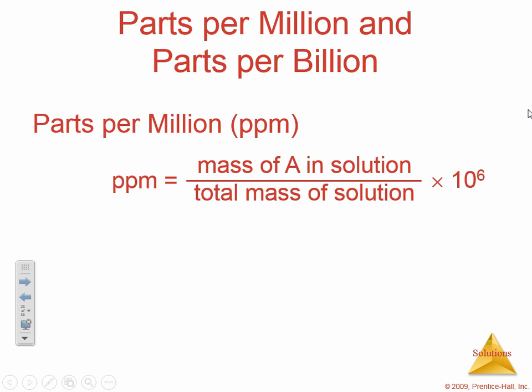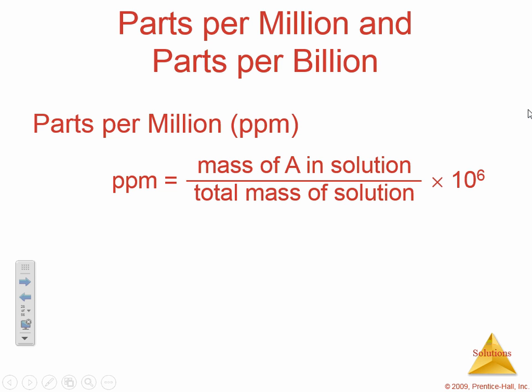What we're really going to do is use this mass percentage to calculate in two units which chemists use quite a bit, particularly when we're talking about small concentrations: parts per million and parts per billion, ppm and ppb.